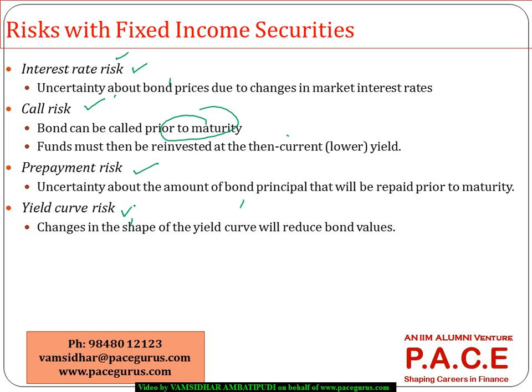Then we are talking of yield curve risk. Let's say the central bank, the Reserve Bank, has increased the interest rate by 25 basis points, 0.25%. Sometimes the short term interest rates may change drastically.